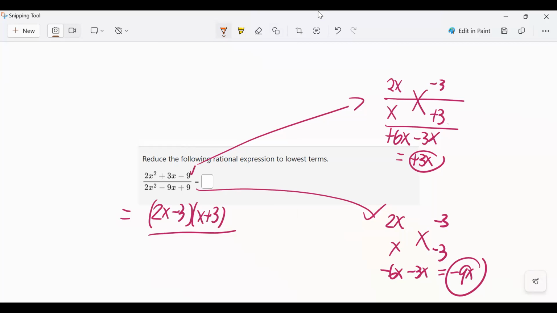On the bottom, breaking down 2x squared, you get 2x times x, and break down positive 9 as negative 3 times negative 3. When we cross multiply, we get 2x times negative 3, negative 6x, and negative 3 times x is negative 3x. Combine those to get negative 9x, which is the middle term. So all three terms are confirmed, and we get 2x minus 3, x minus 3.